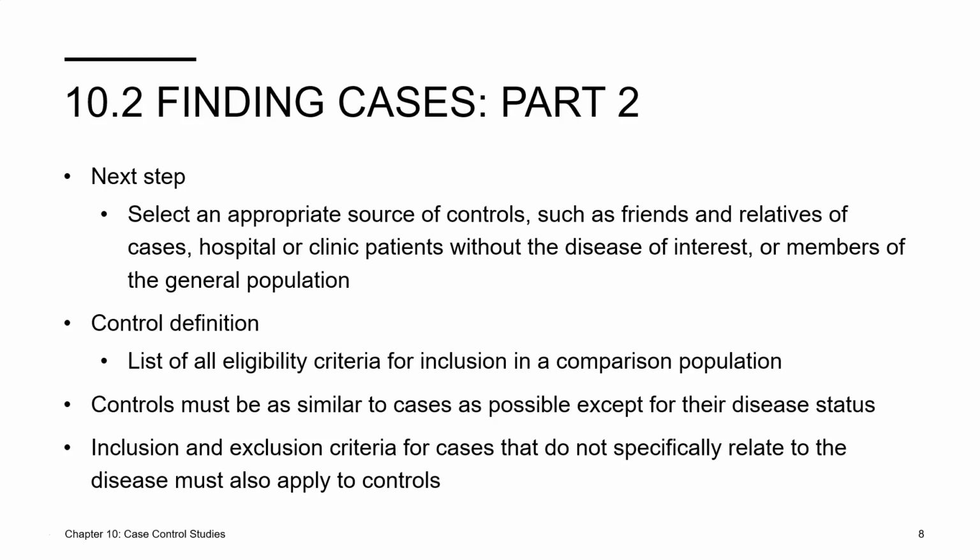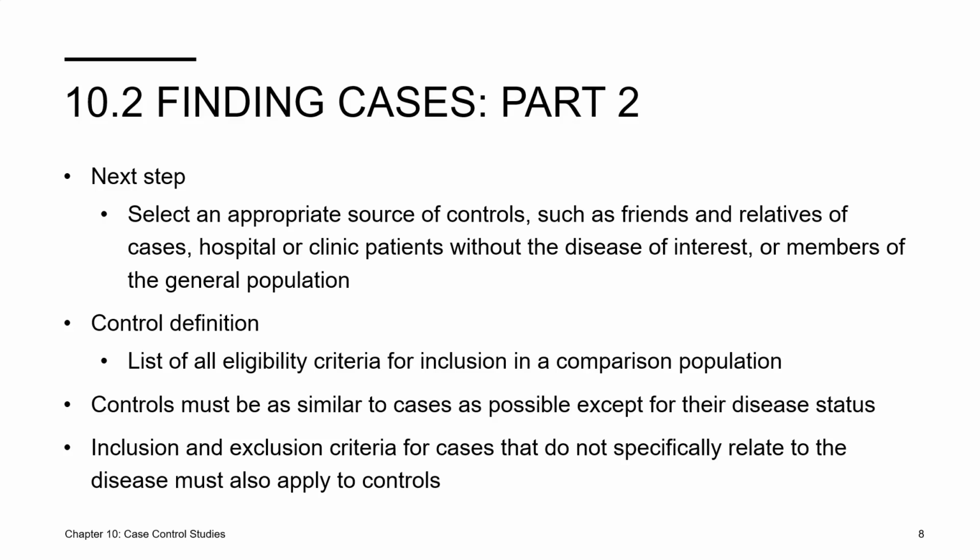The next step is to select an appropriate source of controls, and this could be friends and relatives of the cases, or other hospital or clinic patients without the disease, or it could be members of the general population. But it's important to remember that you want the cases and controls to be as similar as possible, except for their disease status.